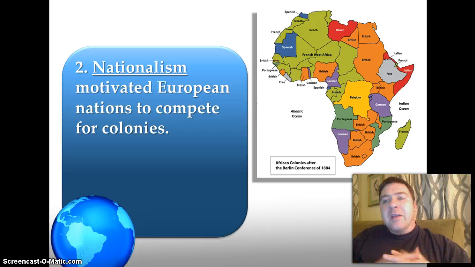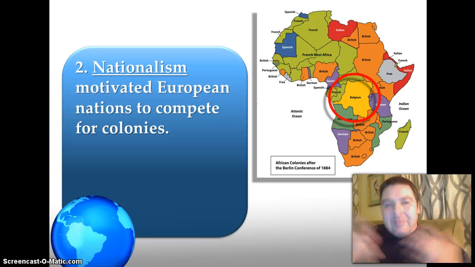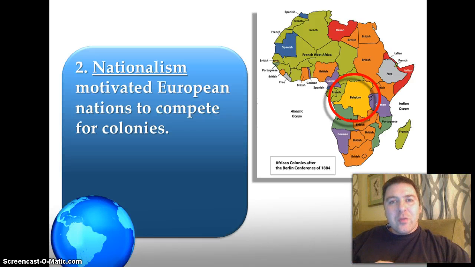Okay, we see the map of Africa lit up here with all the European countries that controlled it. Really, France and England are going to control the largest empire throughout Africa here. But even little countries like Belgium, nationalism is going to fuel them as well.